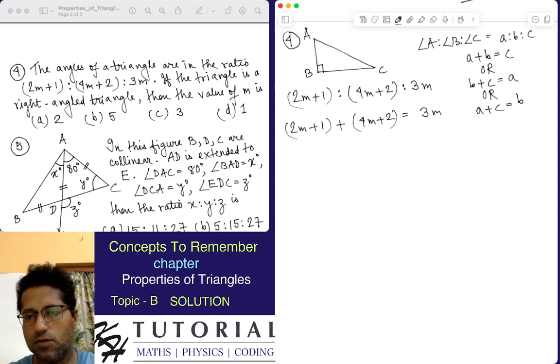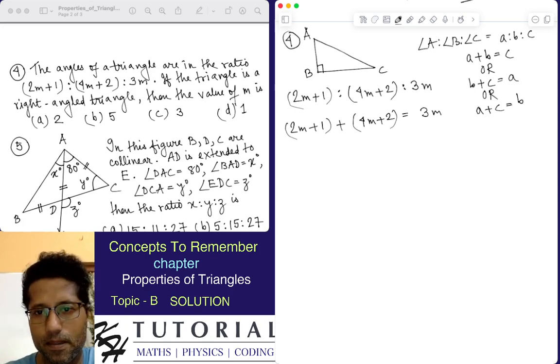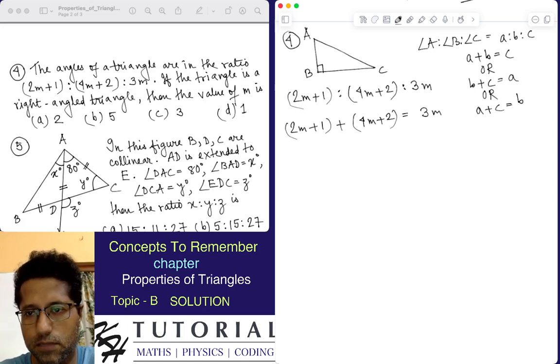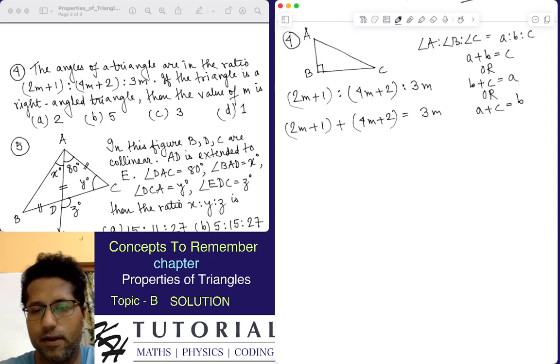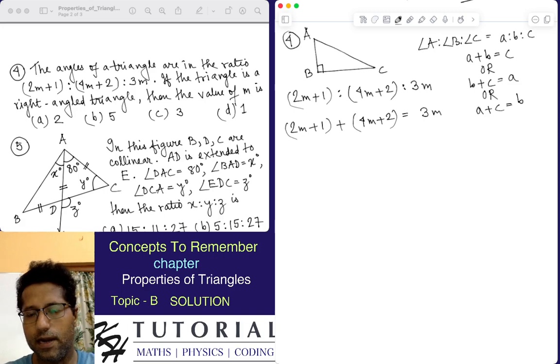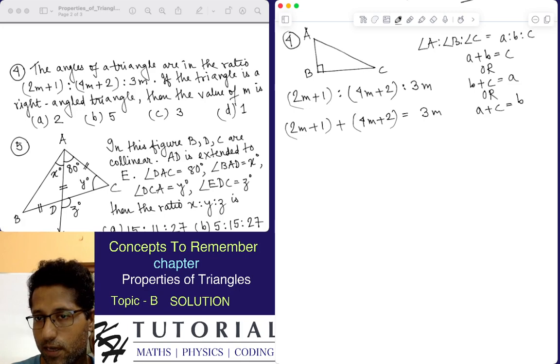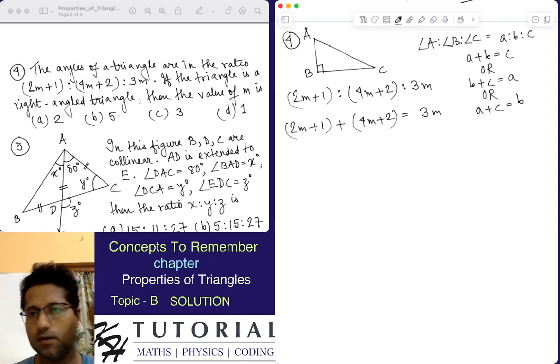If we get some solution, then we have found m. But if we cannot solve for m, then we have to try some other combination.